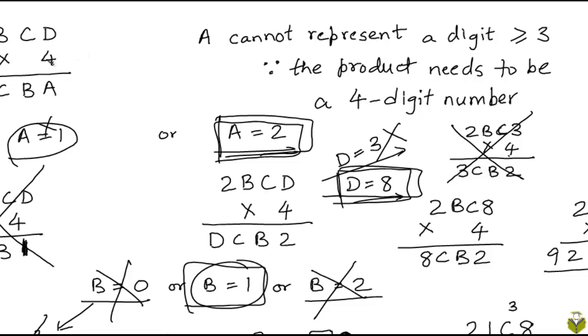We can do something similar to what we did in the previous problem. In the previous problem we had a 4-digit number which when multiplied by 4 continued to yield a 4-digit product, and this fact allowed us to restrict the value that letter A can take, because we saw that A cannot represent a digit greater than or equal to 3, because if it did, then the product of this number with 4 would have 5 digits, not 4 digits.